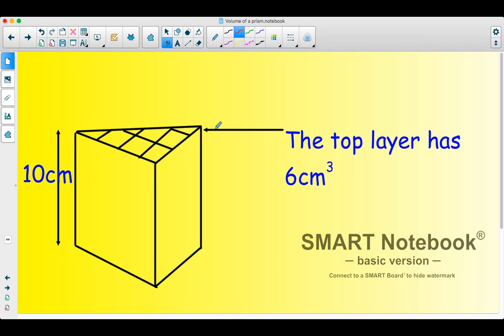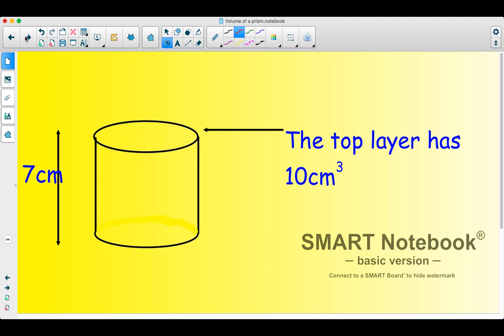So I've got this triangle here, and if somebody tells me that the top layer is 6 centimeters squared, and that it's 10 centimeters tall, I know that there's 10 layers of that same 6. 6 times 10, 60 centimeters cubed. This cylinder, somebody tells me that the top layer is 10 centimeters squared, and it's 7 centimeters tall. So my volume is 10 sevens, 70 centimeters cubed.